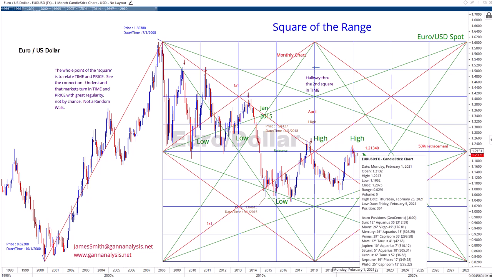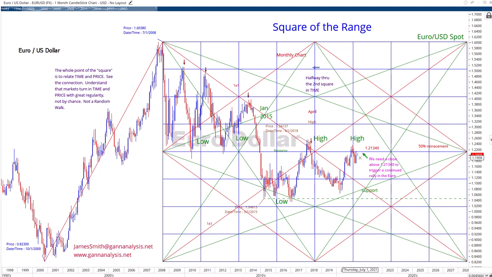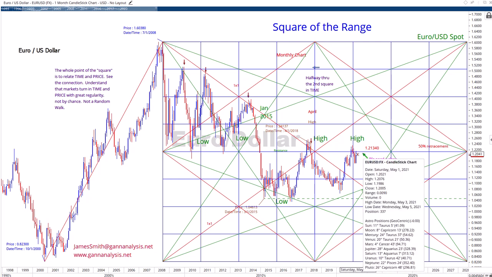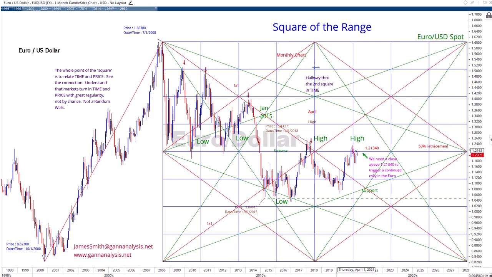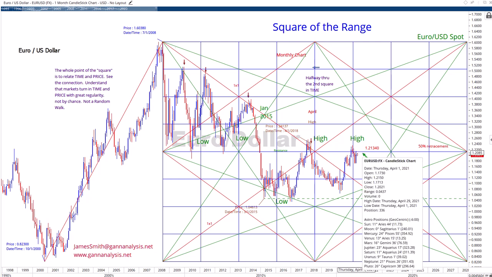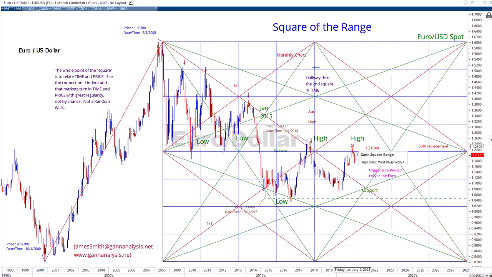So what I'm saying is, if you wanted to buy the euro, you're probably better off waiting for a close above 1.21340, that 50% retracement. Otherwise, the risk is that, hey, you keep bumping up against it, it might be forming a top. And certainly the 5/8 division in time is telling you that you have a high.